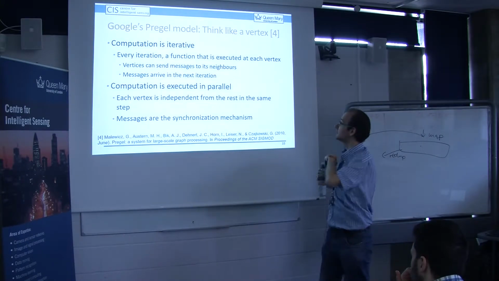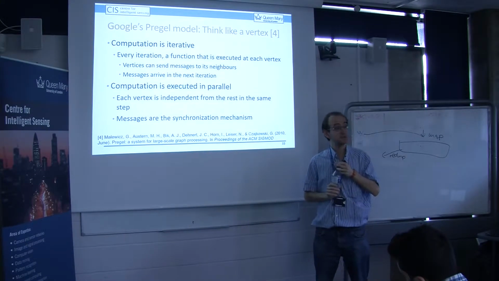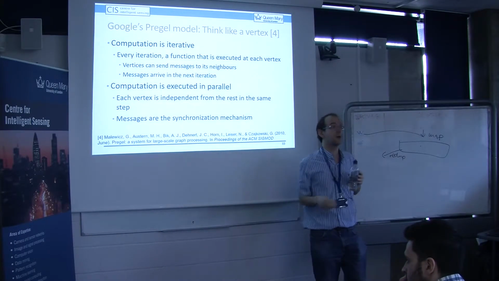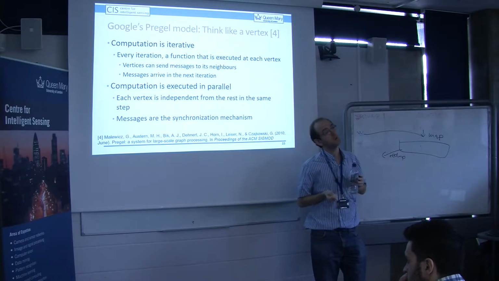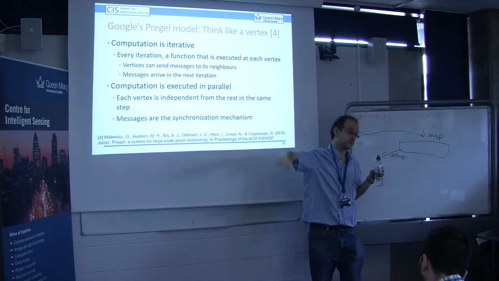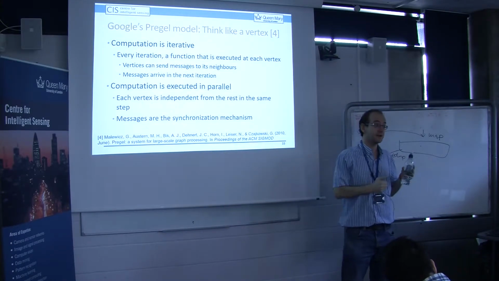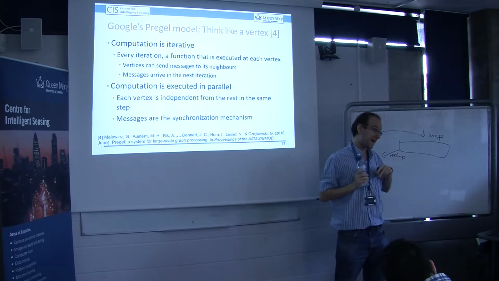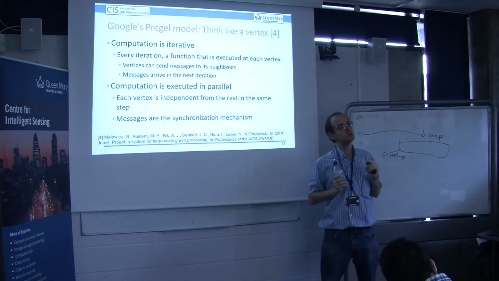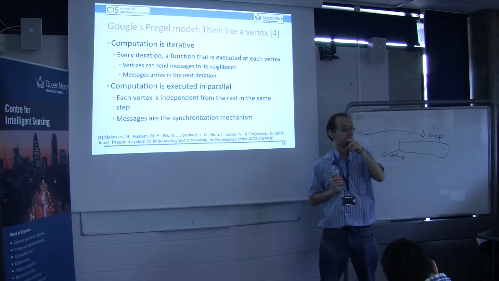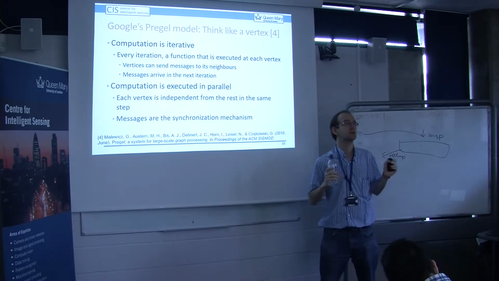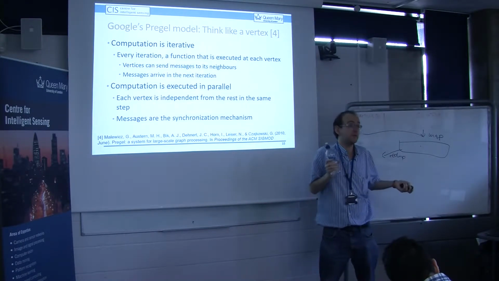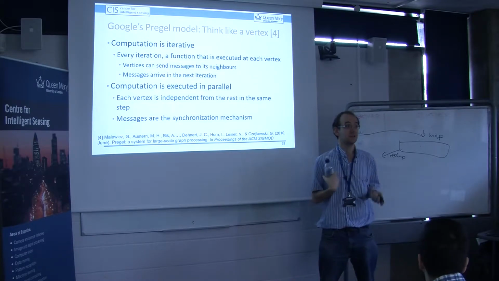And what can you do with that? Basically, the same idea I also mentioned before of this bulk synchronous parallel model. We are going to define a computation loop. We are going to define the function that each one of my vertices can do, and as part of my computation cycle I am going to allow each vertex to send messages, to communicate some information only to my neighbors, because those are the only elements that I can see as a vertex.